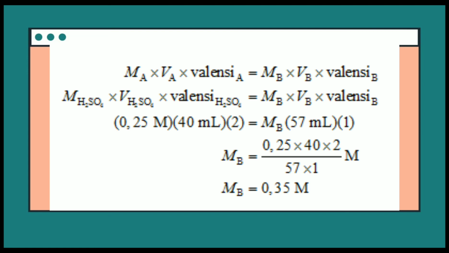Mb equals 0.25 multiply 40 multiply 2 divided by 47 multiply 1. Mb equals 0.35 mol.